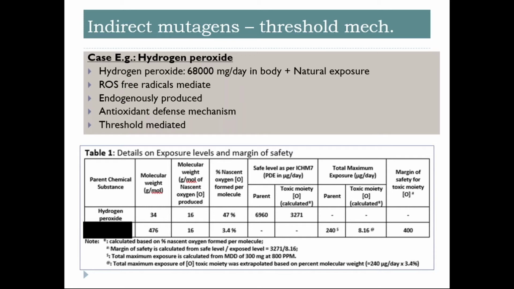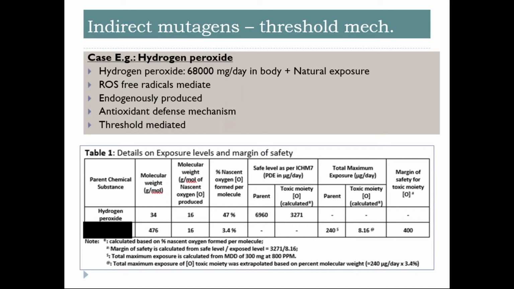As I discussed in earlier slides, there is a highly robust antioxidant defense mechanism which keeps neutralizing these reactive oxygen species to a certain extent. Once it crosses a certain threshold, cells can't withstand the load of these reactive oxygen species, producing genotoxic insult.